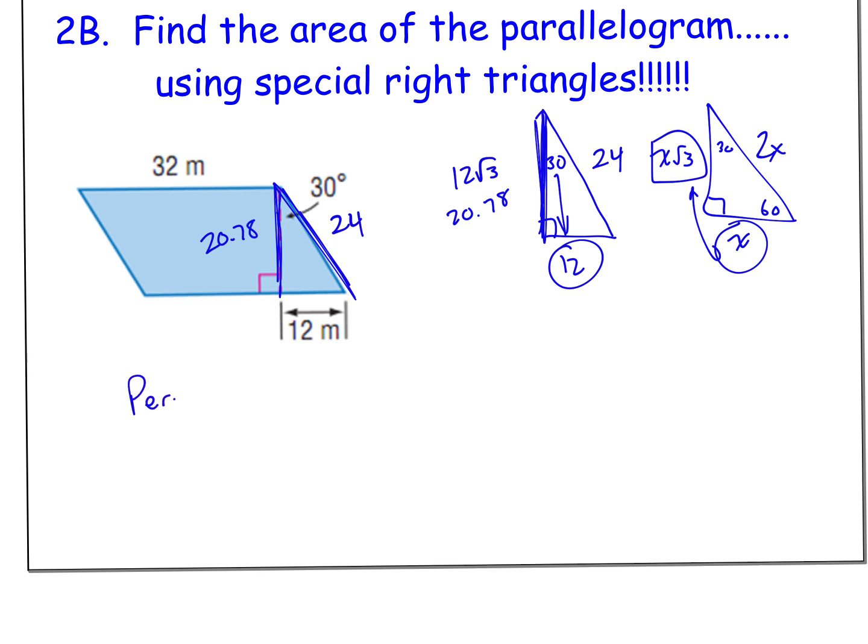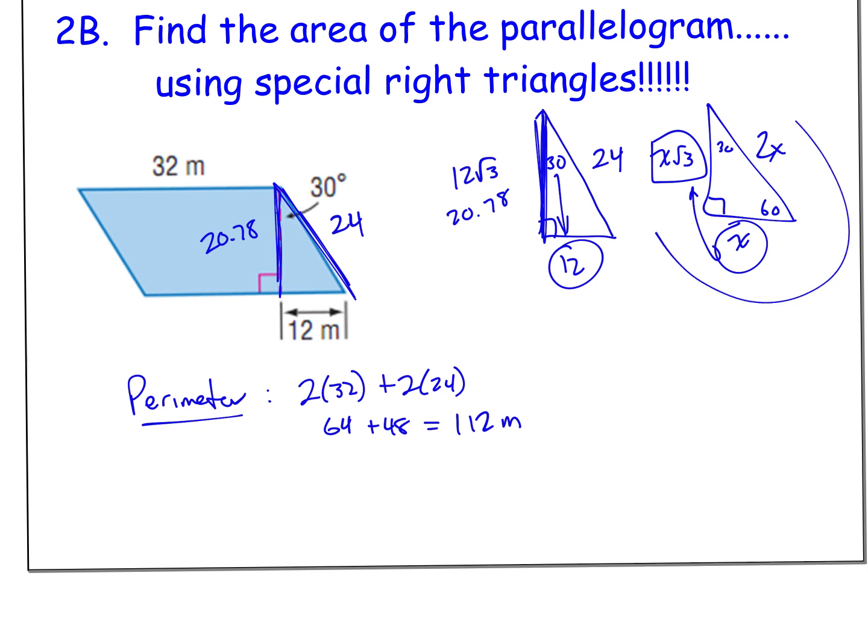So my perimeter is nothing more than 2 times 32 plus 2 times 24. So 64, 48, 112 meters. Okay, that's not too terrible. This setup right here, I think, is going to be the thing that kind of breaks this open.